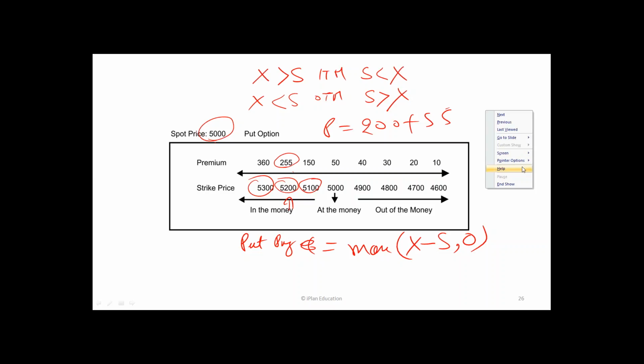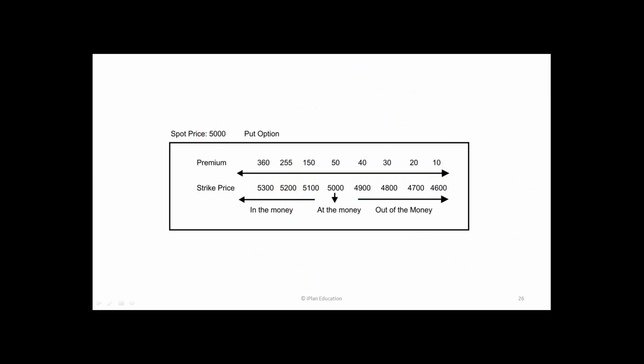So you have to remember one thing whenever you solve these questions: you are buying call, selling call, buying put and selling put. You have to only remember one thing.